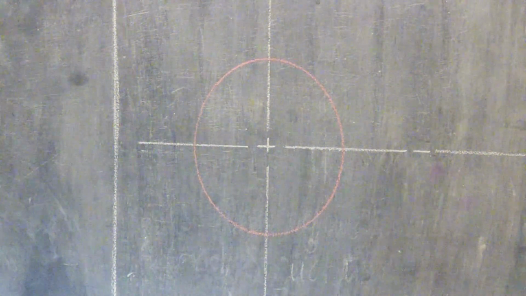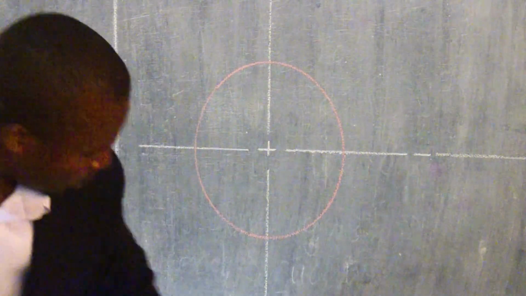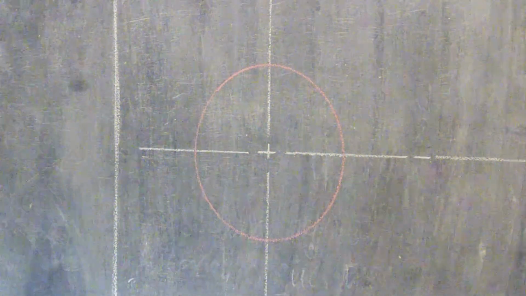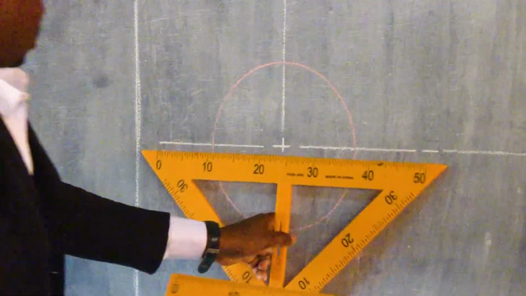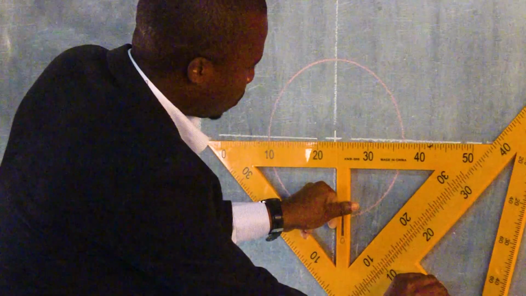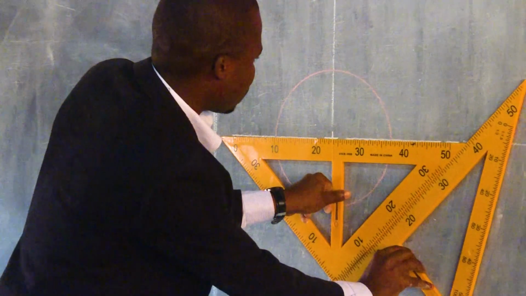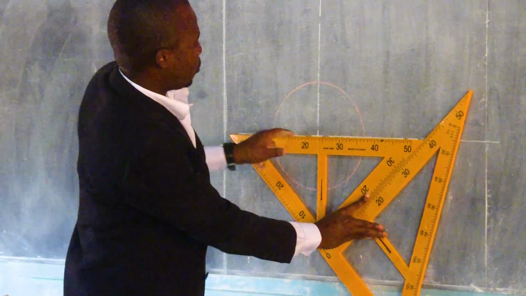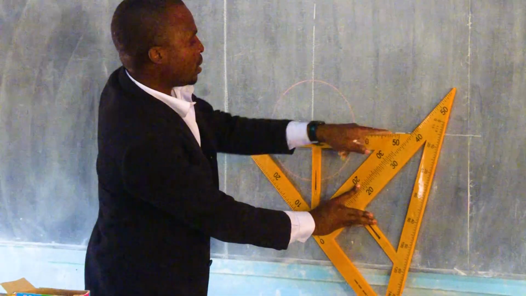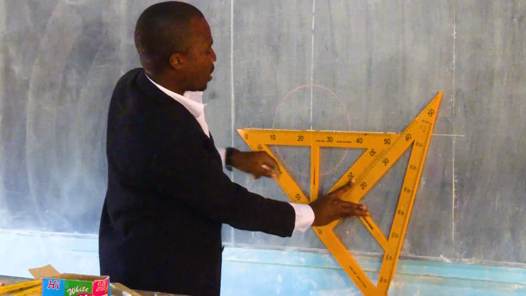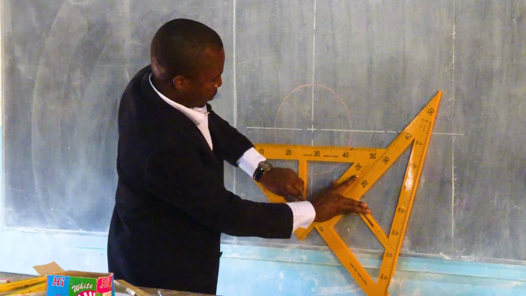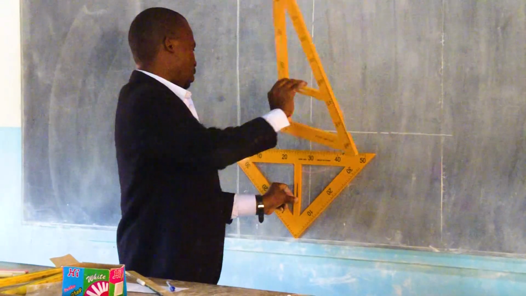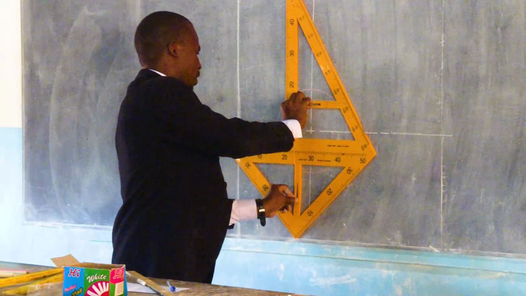From there now, you are going to project lines from here going upwards so that you draw a front. How do we project these lines? You use these set squares, you put them like this. Make sure the edge of this set square is in line with the line that you have drawn. Then you slide it down a bit. You get this set square, put it like that.